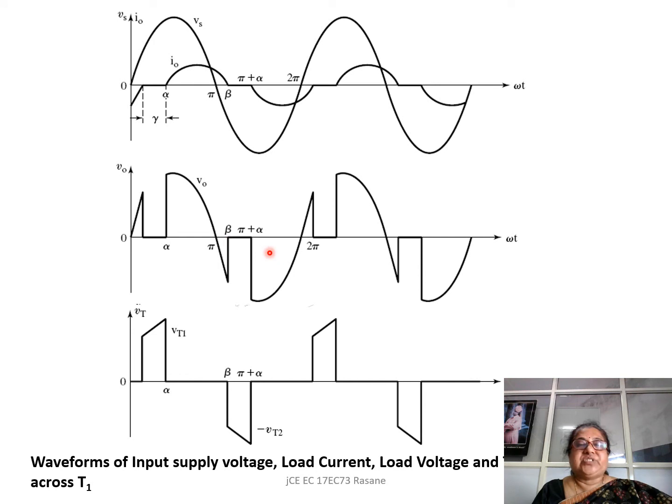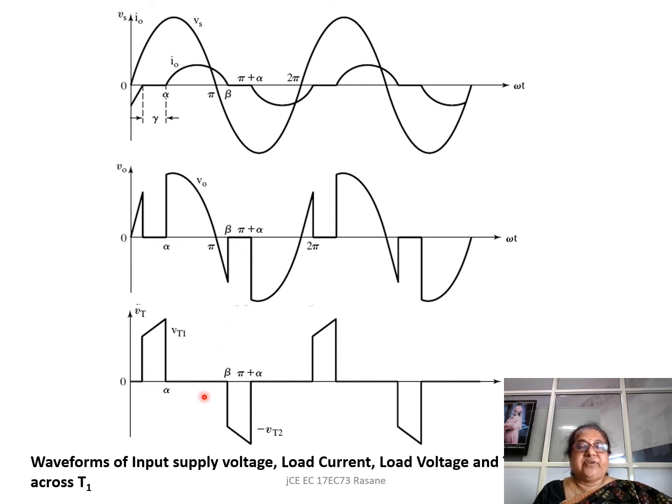Similarly, the switch T2 is closed between pi plus alpha to the next beta, and whatever is at the input at that instant comes at the output. During the time when it is not conducting, both the SCRs will be off and the load will not be connected to the input during these periods.